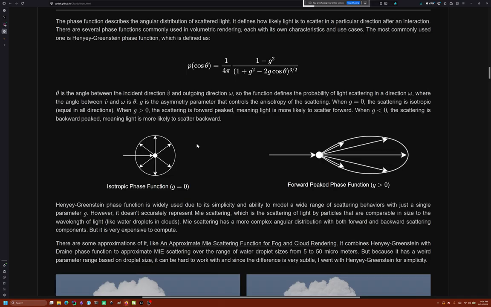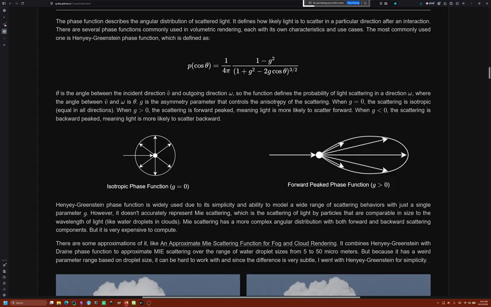It's the angle between the incident direction v and the outgoing direction omega. So this function defines the probability of light scattering in a direction omega, where the angle between the incoming vector and omega is theta.